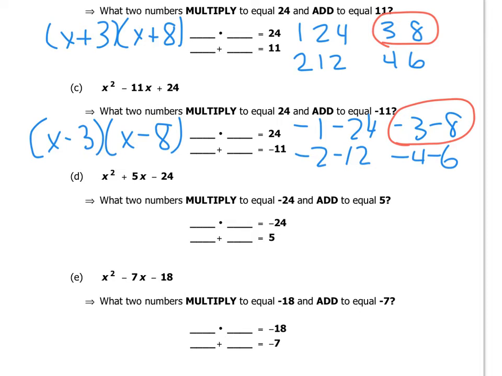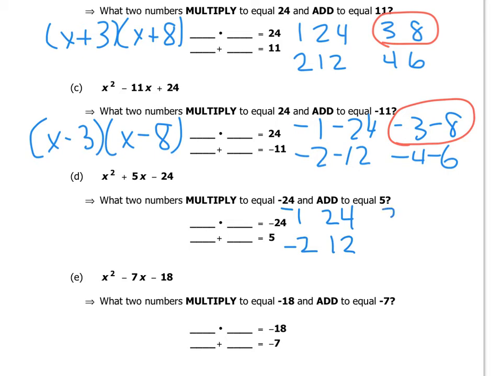So first of all, we have 1 and 24. The bigger one has to be positive, the smaller one in this case, negative. These add to a positive 23, so that's not it. We could also have 2 and 12. The bigger one would have to be positive, so the 2 would be negative, and we'd have negative 2 and 12 gives us 10. That's not it.